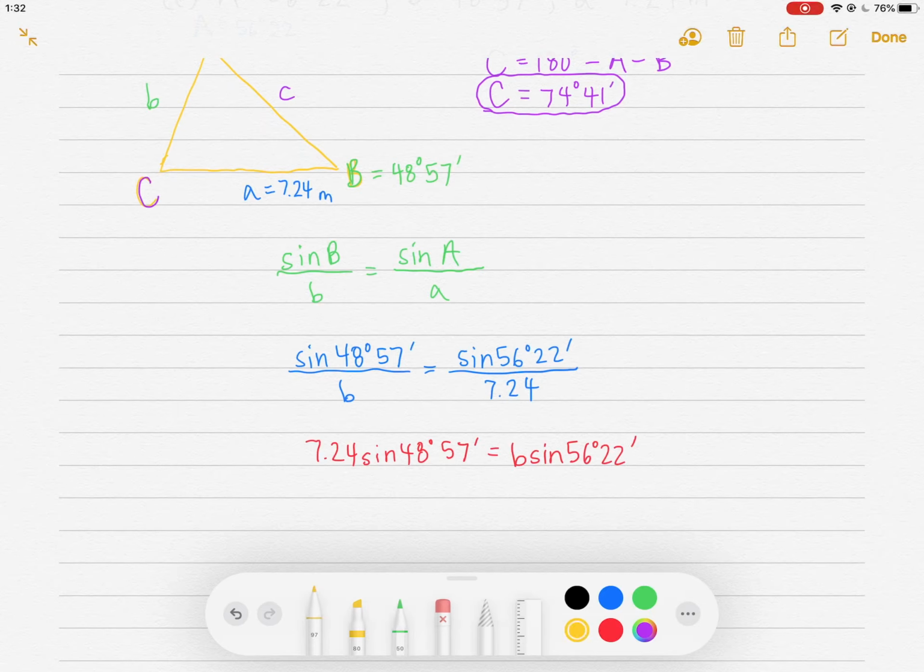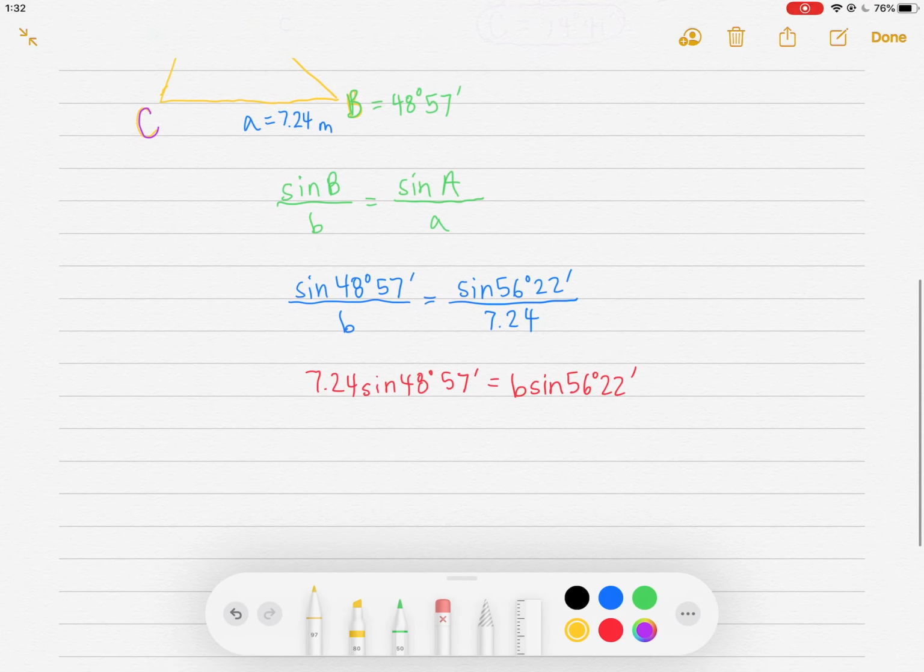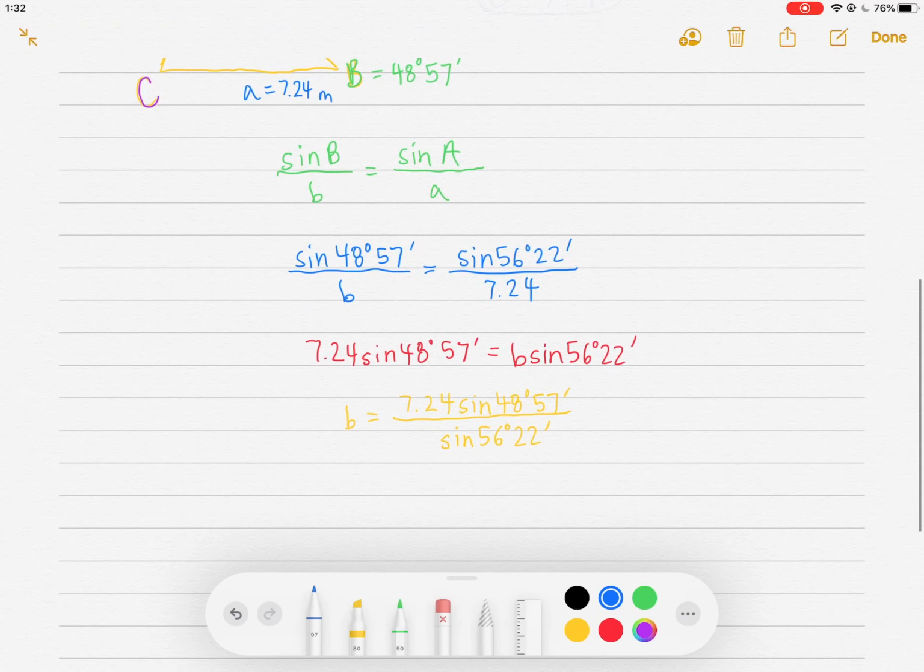Divide both sides by sine of 56 degrees, 22 minutes to get our exact answer for b, which is 7.24 sine of 48 degrees, 57 minutes, divided by sine of 56 degrees, 22 minutes. And then we can put that in our calculator to get our decimal approximation.